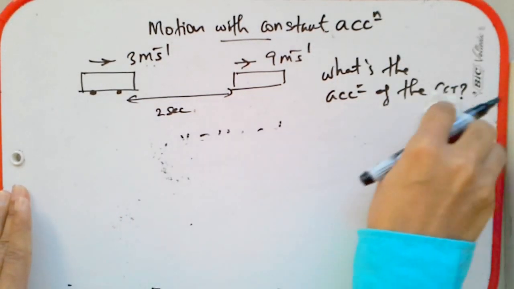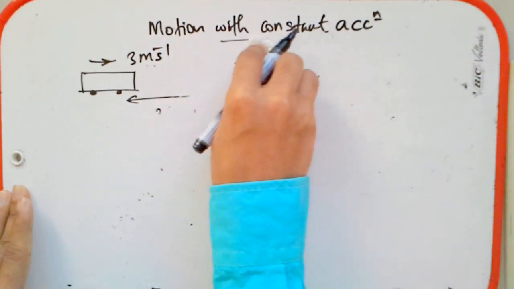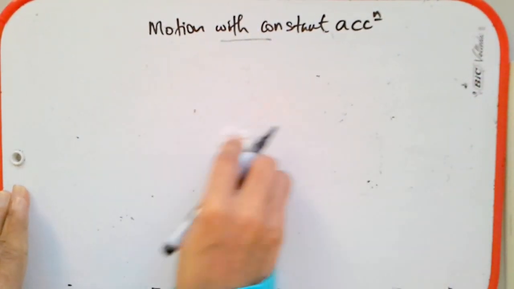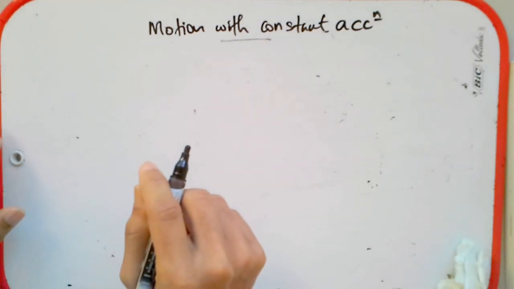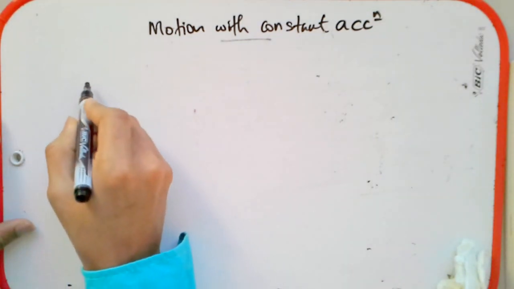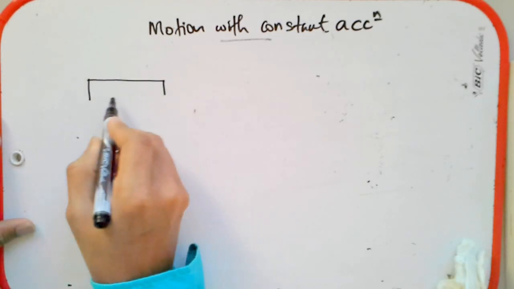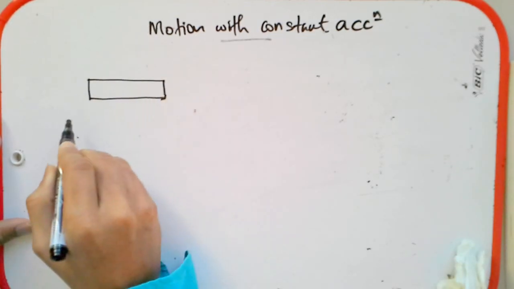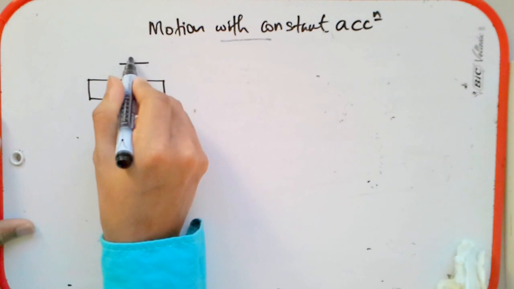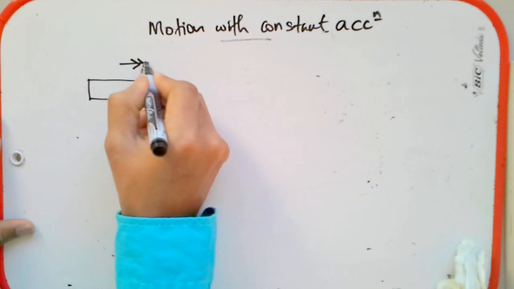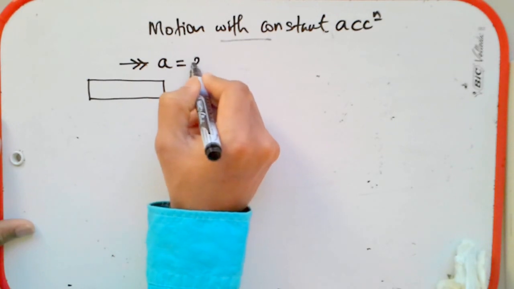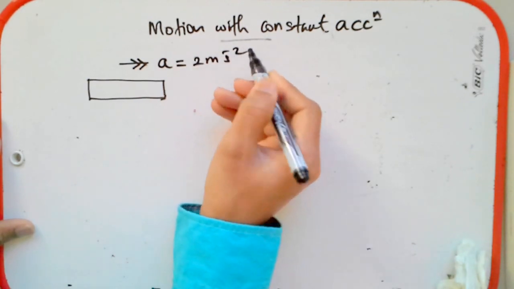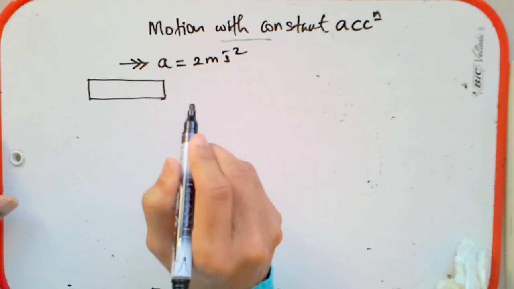We'll move to the next question. So the next question is, you have a car and this is moving with an acceleration, let's say 2 m/s².